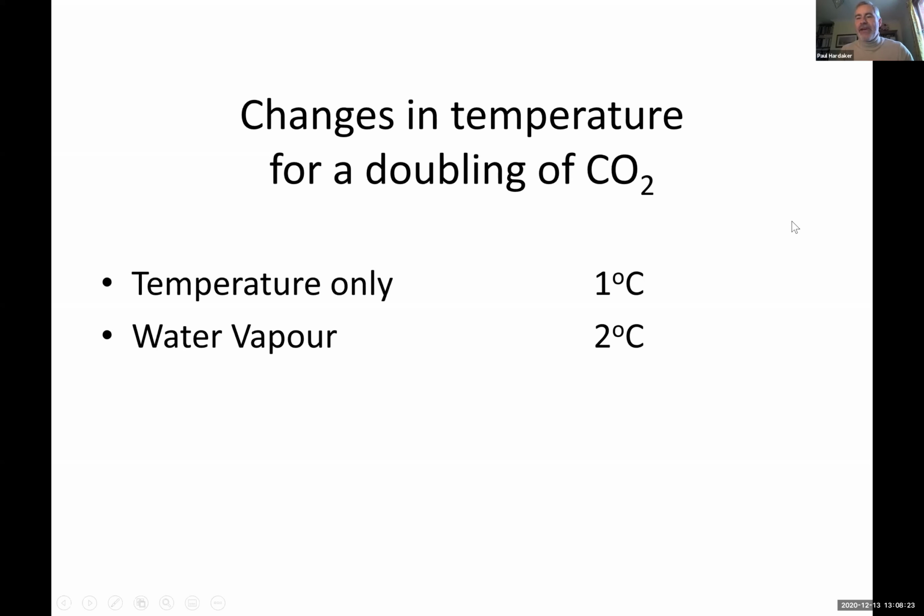Because using this very simple model that I've just shown you, you can see that if you double carbon dioxide, you'll get a 1 degree rise in temperature, and you'll get another 2 degrees rise because of the water vapor feedback. The warmer air holding more water vapor, creating additional rise in temperature. So double carbon dioxide, you get a 3 degrees warming. And you can do that from that simple model with some school level physics, really.